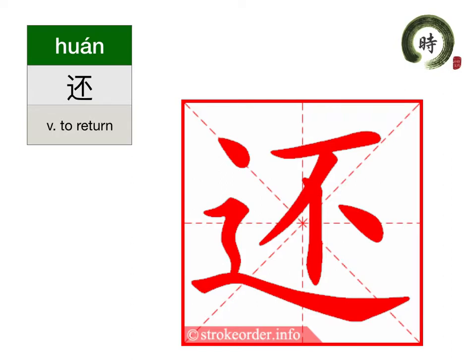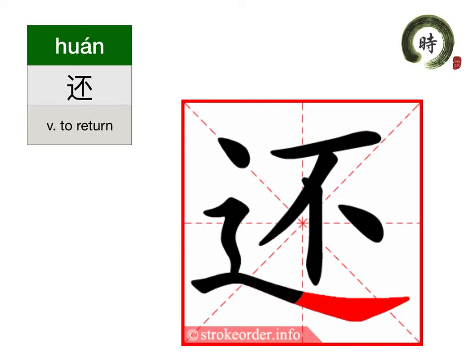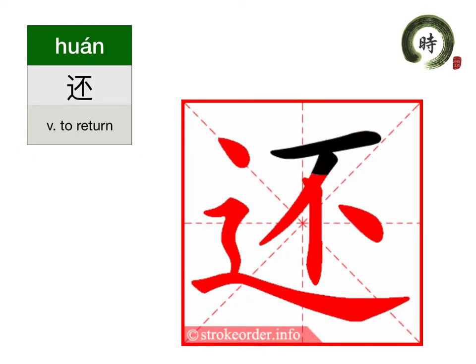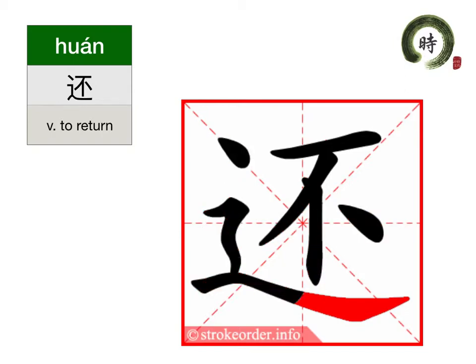Let's take a look. So first we have the character 不 and then we have the radical 走之底. Okay, now could you please write down 还? Perfect. So please pay attention here. We write 不 first and then the radical.